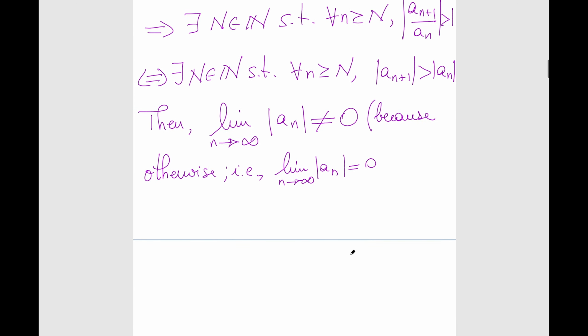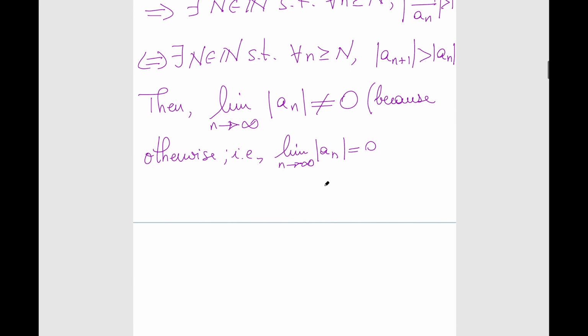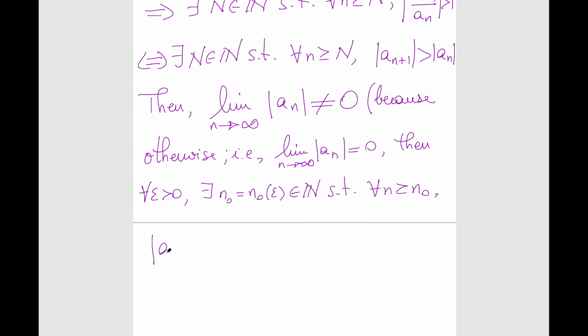what does it mean to be 0? What does it mean that the sequence absolute value of a sub n converges to 0? It means that for every threshold epsilon, there exists a rank n naught that depends on epsilon, a natural number, such that for any n bigger than or equal to n naught, the sequence, the absolute value of a sub n, starts being inside the epsilon neighborhood of 0, which means this is smaller than epsilon, right?